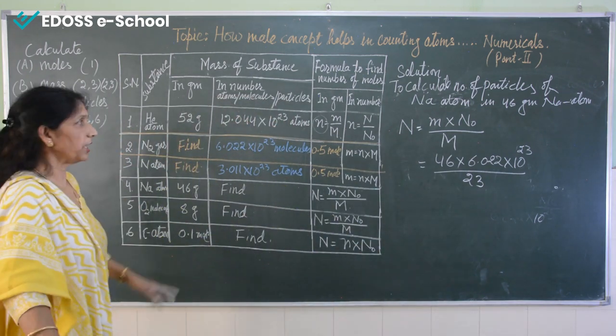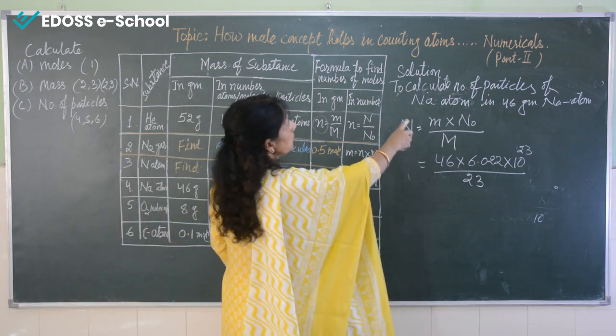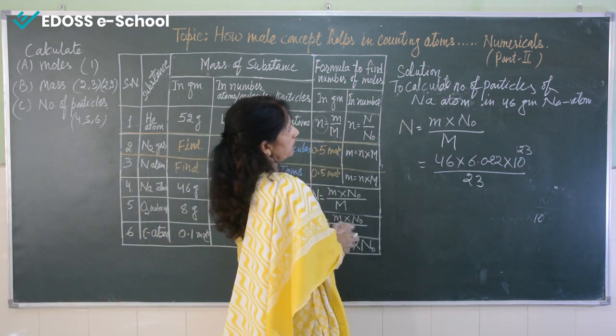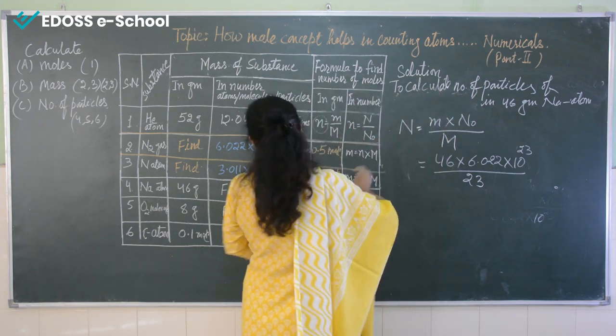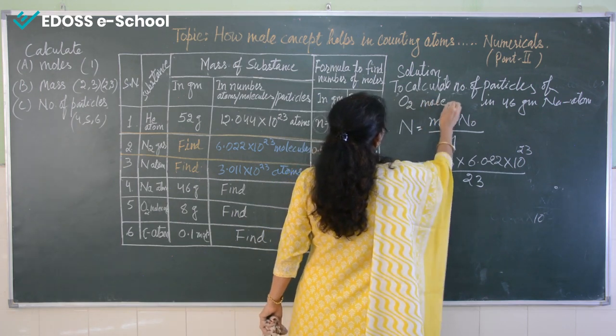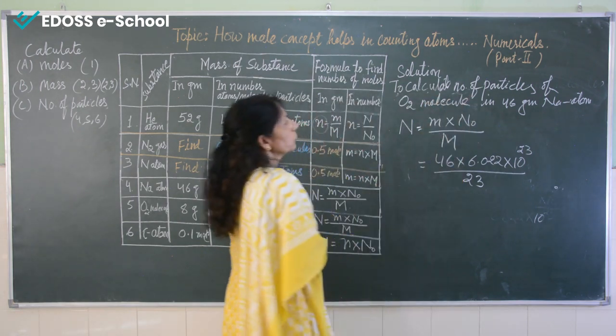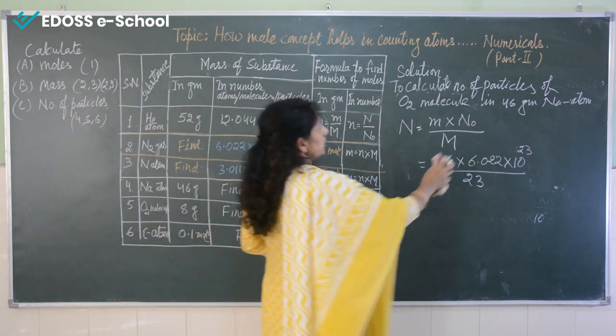And now, we have to calculate the number of particles. In place of sodium, now we are taking oxygen molecule. We have to calculate the number of particles of oxygen molecule in 8 gram.